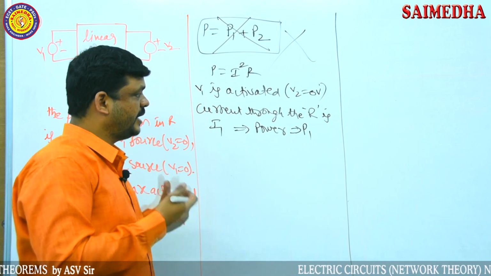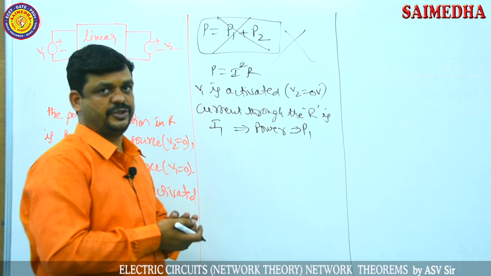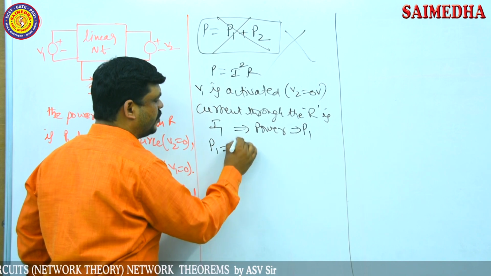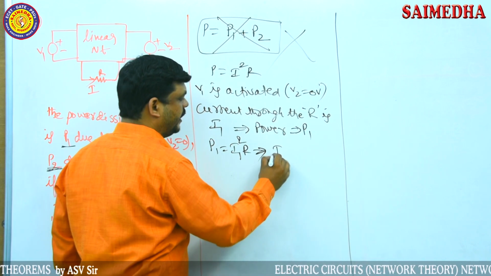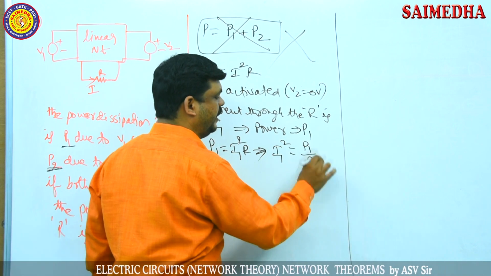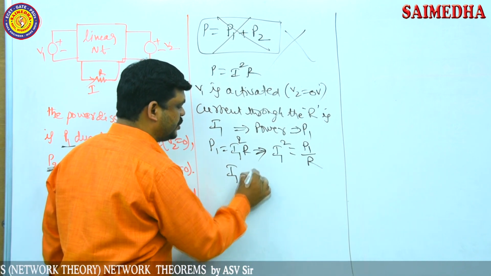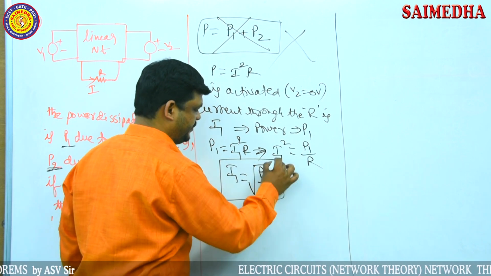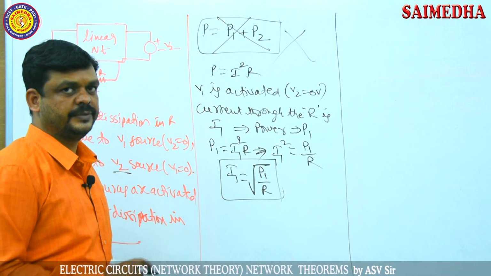So according to the standard equation, P1 is equal to I1 square into R. Then I1 square is equal to P1 by R. Then immediately I am writing I1 is the square root of P1 by R. This is one individual response.